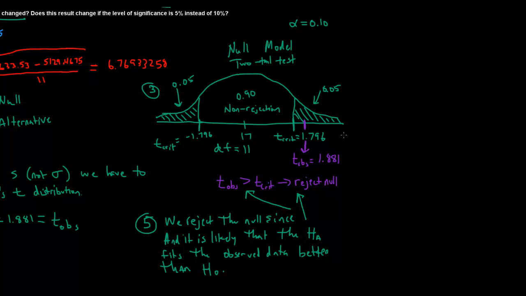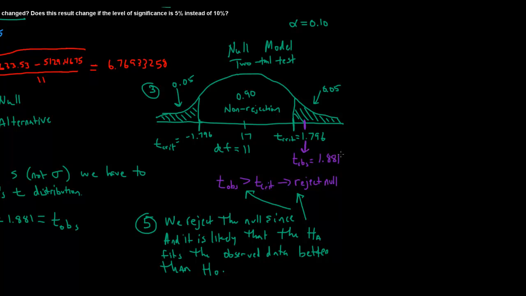Well, let's look in the back of our book to see. Now remember, we are talking about a degrees of freedom of 11 still. Again, this is the null model we're talking about, degrees of freedom of 11. And we want to know what's the area beyond a t-value of 1.881. So let's go back here. Give me a sec to look at my chart.